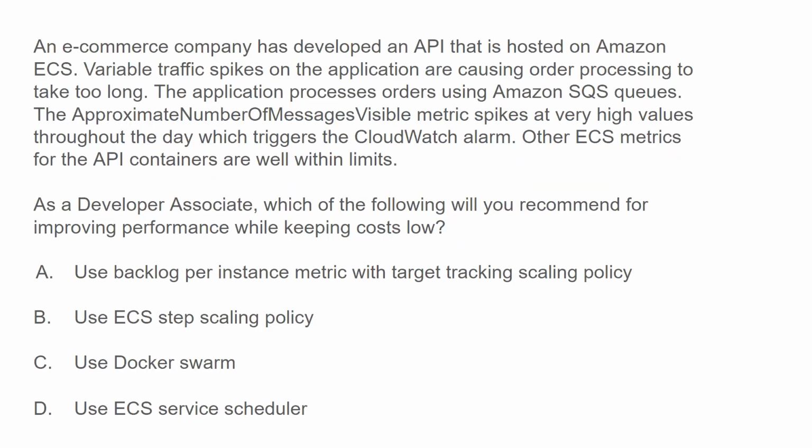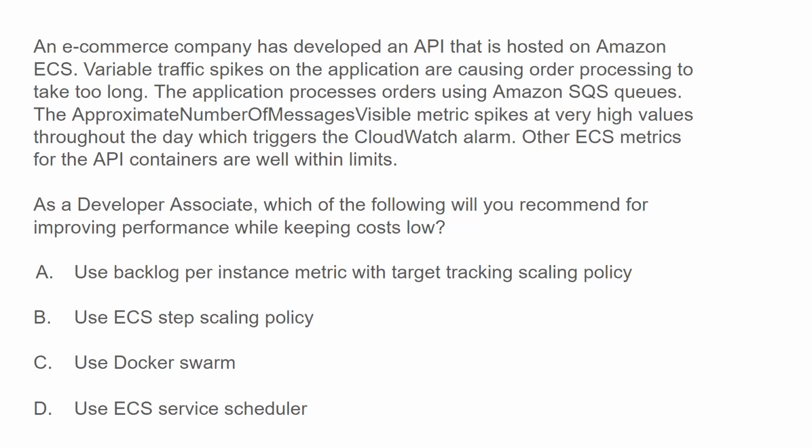Okay, an e-commerce company has developed an API that is hosted on Amazon ECS. Variable traffic spikes on the application are causing order processing to take too long. The application processes orders using Amazon SQS queues.